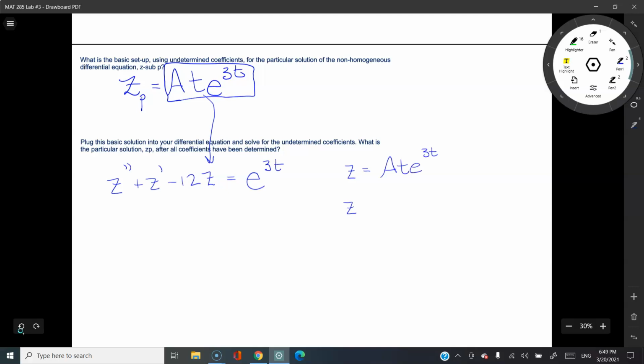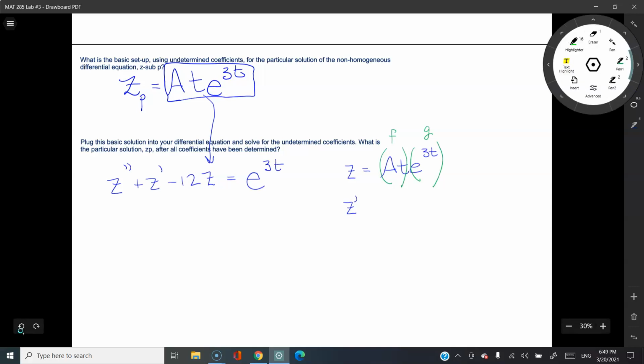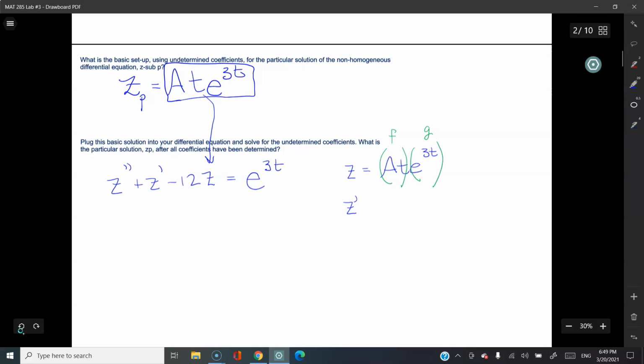Now to find z prime and z double prime, you're going to have to do product rule because we have got a product of two functions of t here. So I'm going to consider my first function in my product to be a times t, and the second function in my product to be e to the 3t. And to get my derivative, I'm going to have to do product rule.